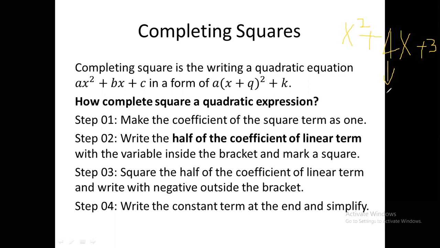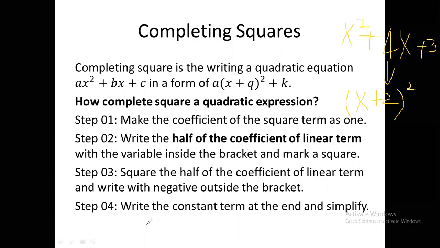What is half of 4? It's 2. So here write (x plus 2), with the sign plus. Then write half of the coefficient of the linear term with the variable inside the bracket. What is the variable in this equation? That is x. And then square it. I took half of 4, wrote it with the variable, and then squared. That's the second step.